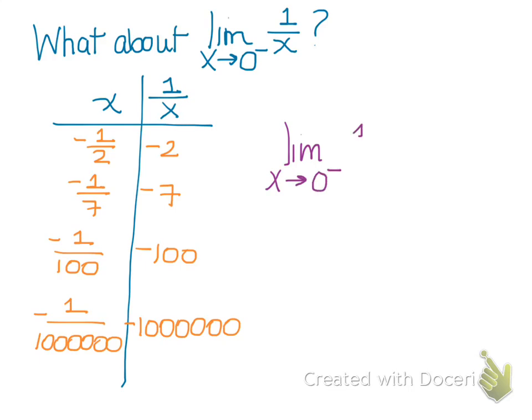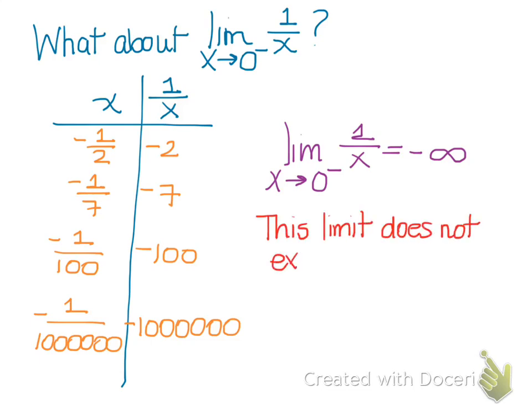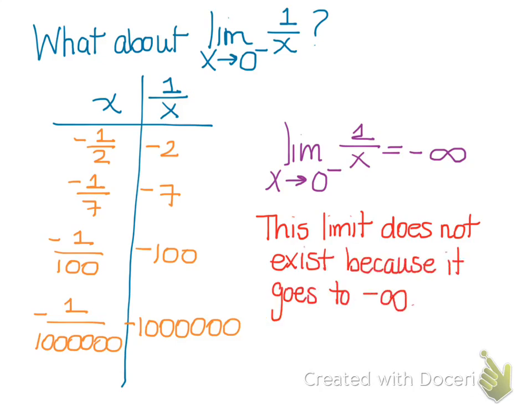So again, we see that the limit as x goes to 0 from below of 1 over x, in this case, is negative infinity. Again, this limit does not exist, but it's more informative for us to write that it goes to negative infinity than to just write DNE.